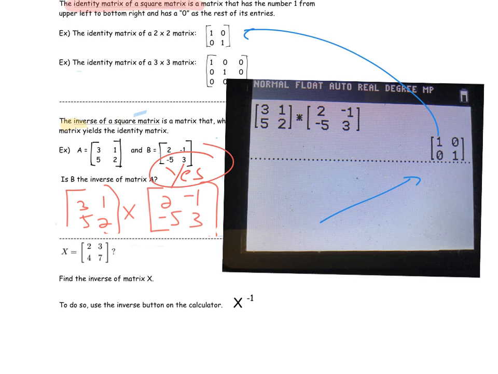For this last one, they're giving you matrix X and they're asking you to find its inverse. Now, when you need to find the inverse of a matrix, you should use the regular inverse button, just like you would do to find the inverse of a number. So let's enter in matrix X, and let's find its inverse.